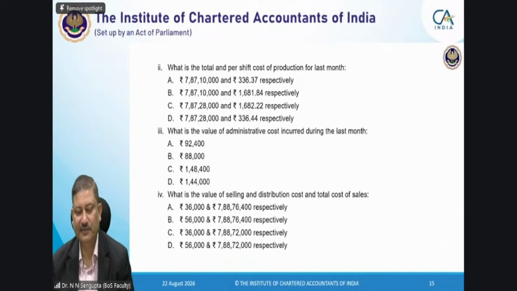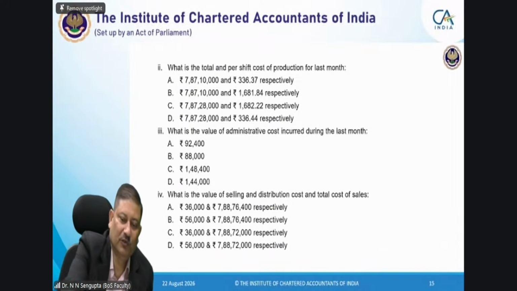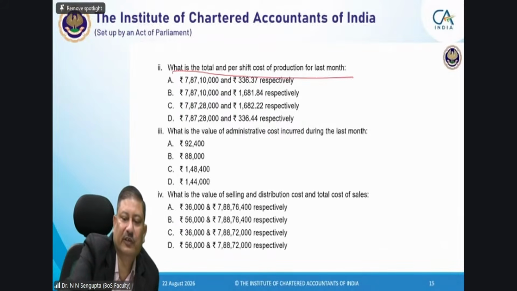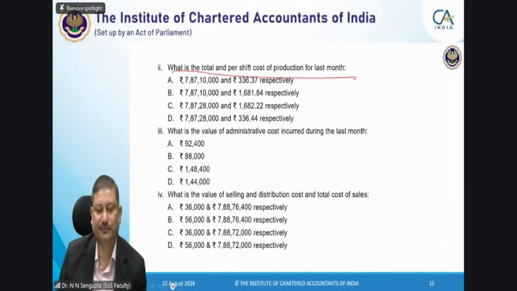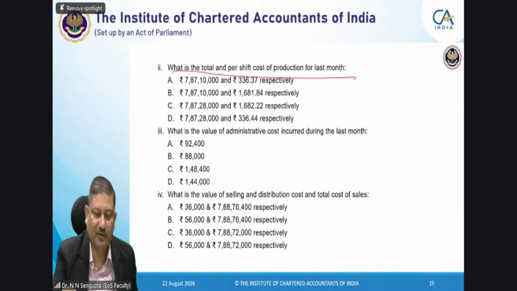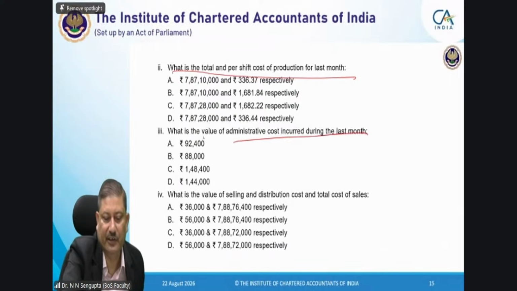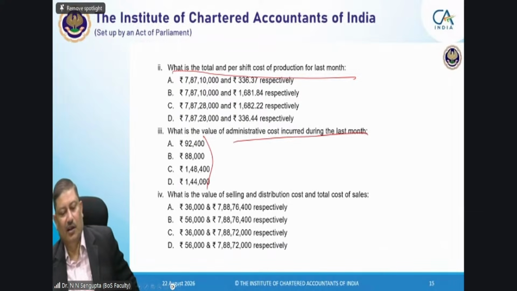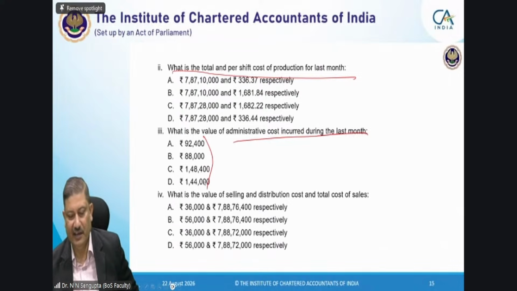So both the costs we need to calculate. Then the value of administrative cost incurred during the last month. So what is the value of administrative cost that we need to find out. What is the value of selling and distribution and total cost of sales.